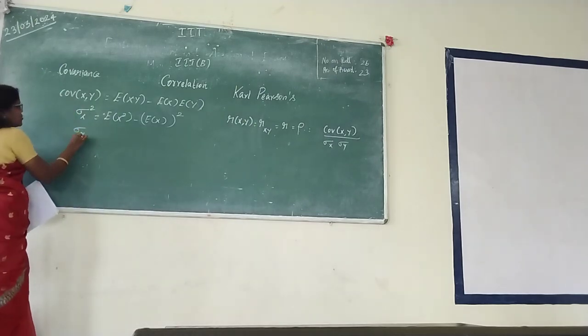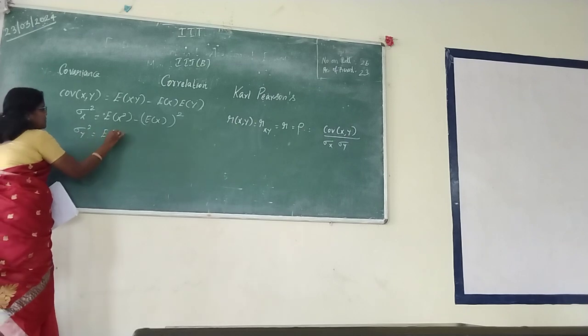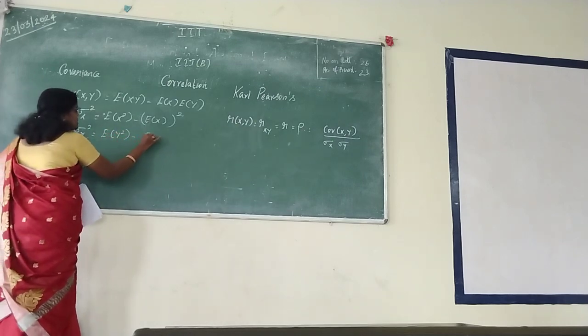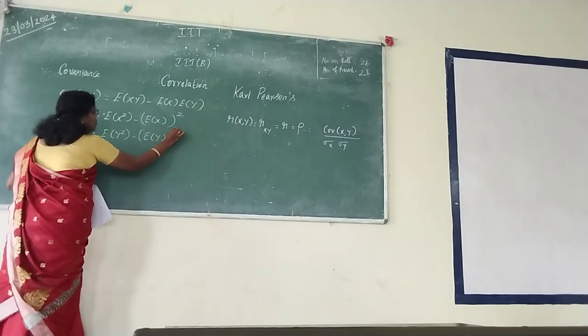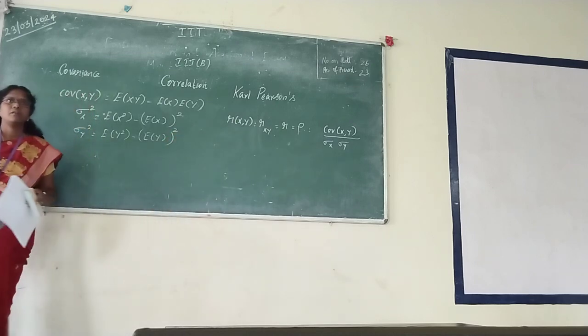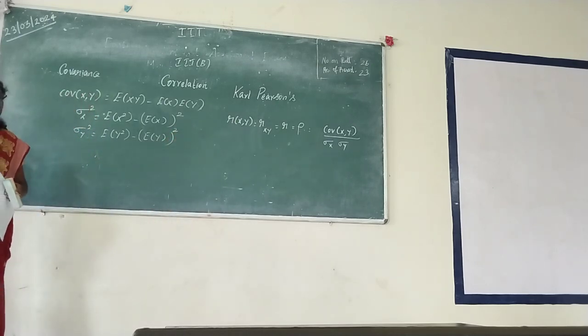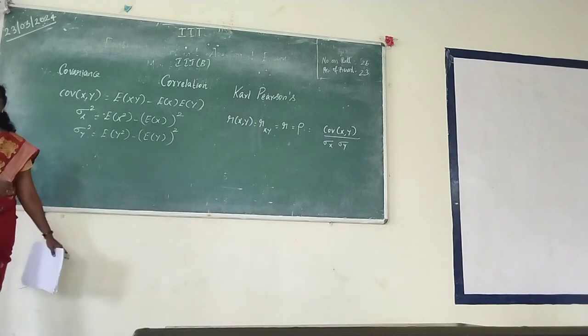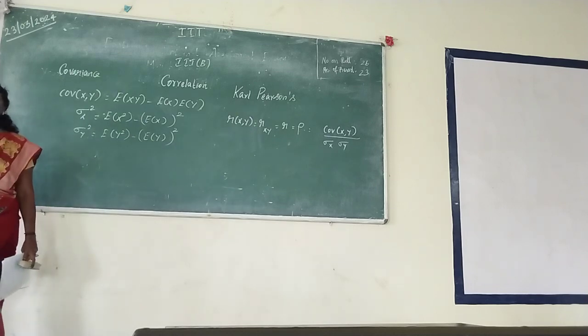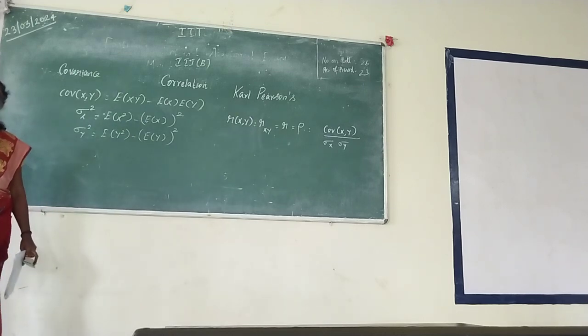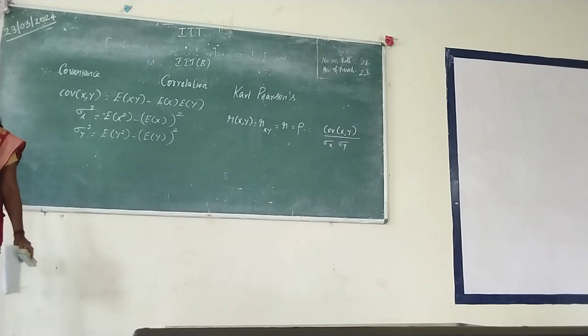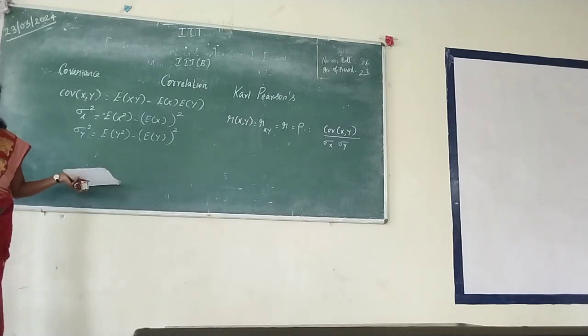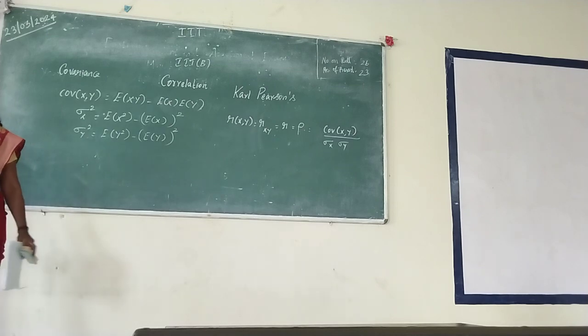Similarly, sigma y square is equal to expectation of y square minus expectation of y the whole square. First you will find all these three, then you will find r. As I told you, everything will be general data, a set of x values and a set of y values. Now I am going to give you the formulas for all these. Try to memorize them thoroughly.